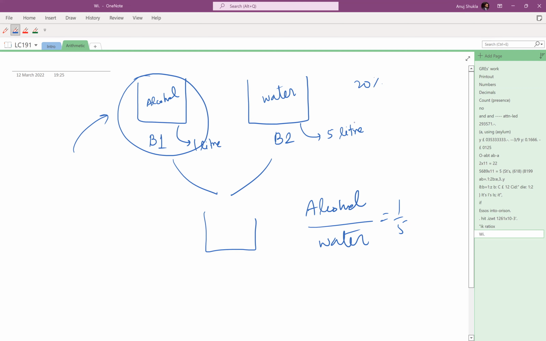Then this is 1 liter and this is also 1 liter, so the ratio will be 1:1. I did not specify the filling of the water. So if two bottles are given and you are mixing from these two bottles, you must know how much each bottle is filled. Then only you can say what the ratio is. Now the same thing I'm gonna apply in the previous question.